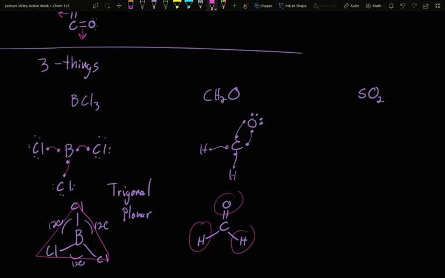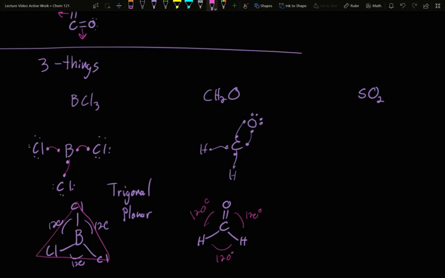Well, this has 3 things around it, and just like before, it kind of looks like a triangle. 3 things will be flat. That is the farthest you can get them from each other. And they will be approximately 120 degrees. If you look it up, they are very slightly different. Different atoms, oxygen versus hydrogen, are slightly different in size, and that changes how far they have to get from each other.